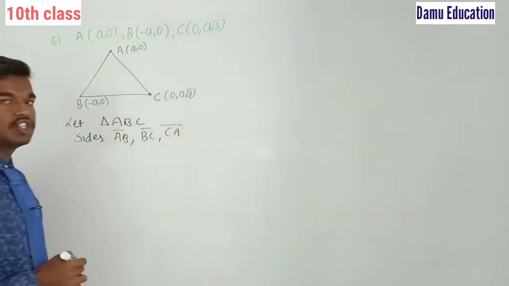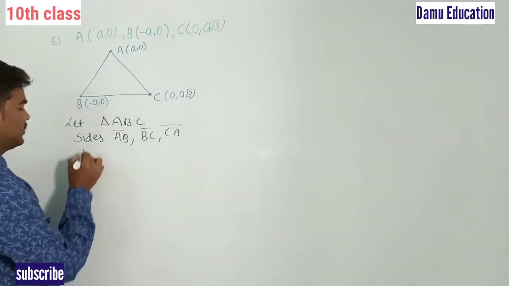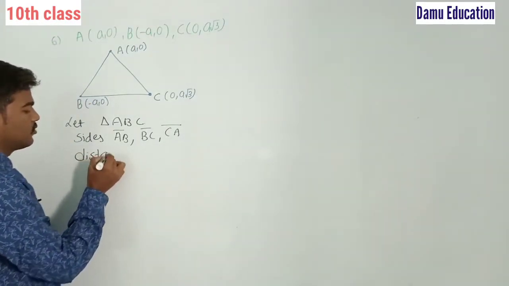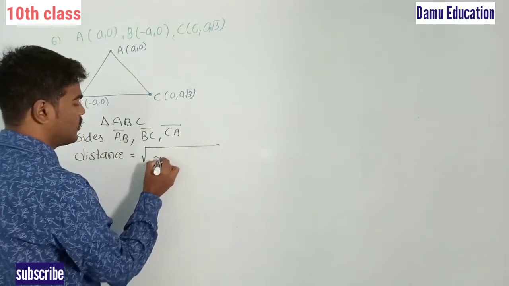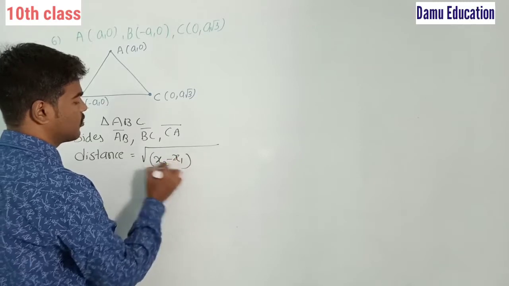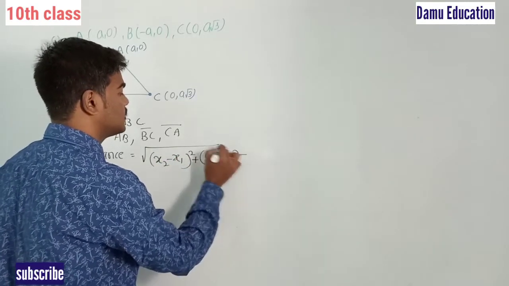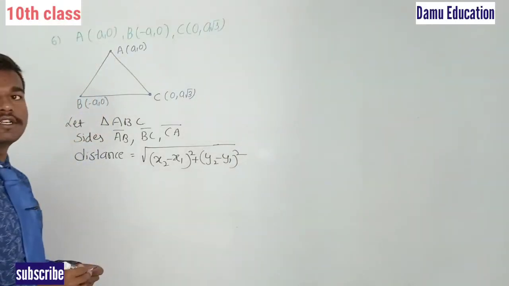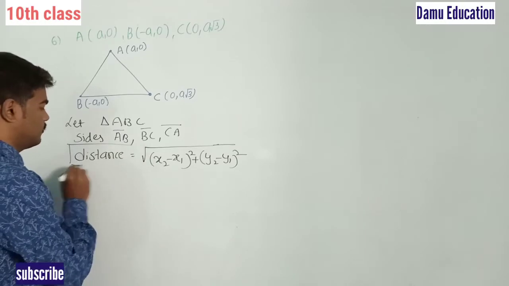So these are the three sides. What is the formula of length? Distance formula. In coordinate geometry, distance is equal to the square root of (x2 minus x1) whole square plus (y2 minus y1) whole square. This is the standard formula for calculating distance.